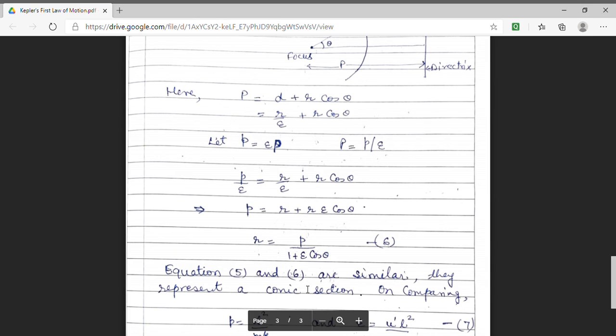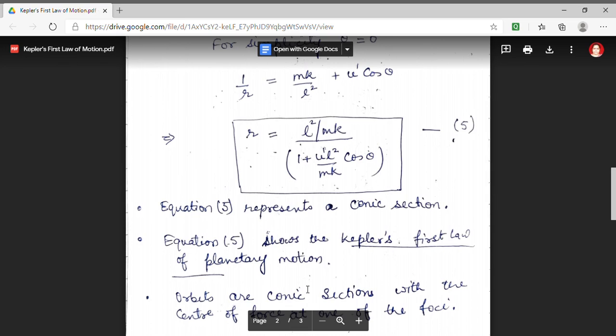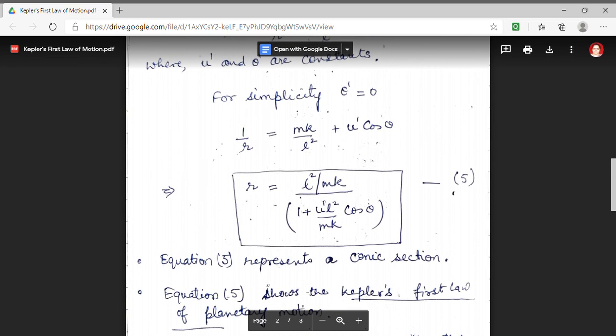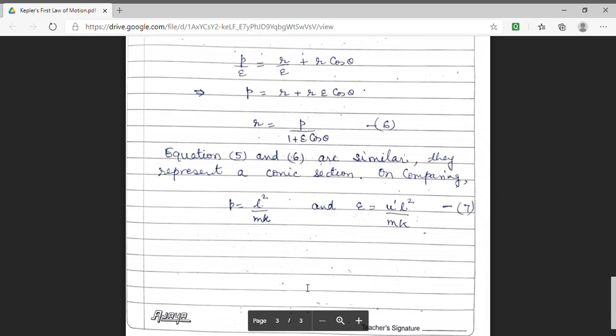This value of r is obtained from the definition of conic section, and we have also found the value of r using the equation of orbit. This also represents a conic section, so we can compare the two equations, expressed as equation 5 and equation 6.